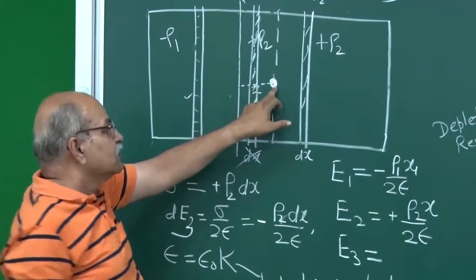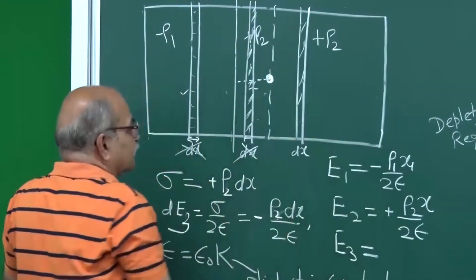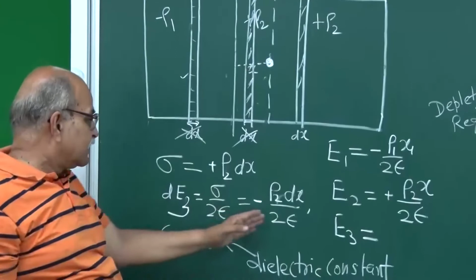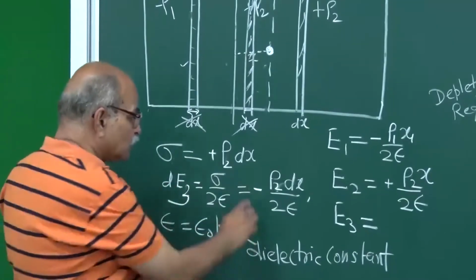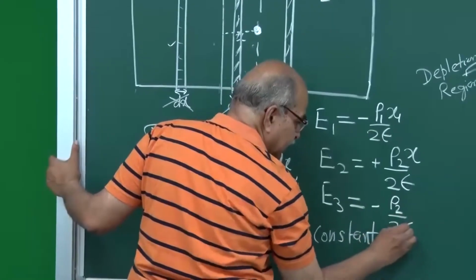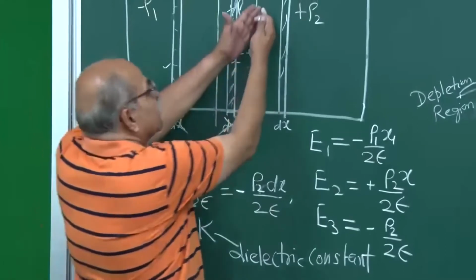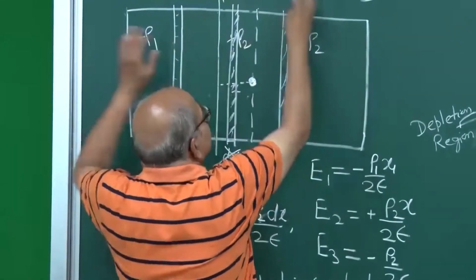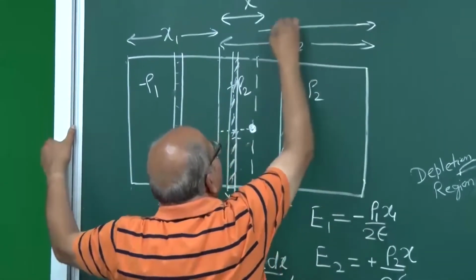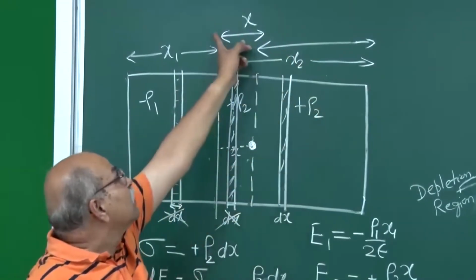The third part is the electric field due to this much, and when you integrate, you will have minus rho 2 over 2 epsilon, and then dx, which when you integrate gives this length. How much is this length? This length is x2 minus x.